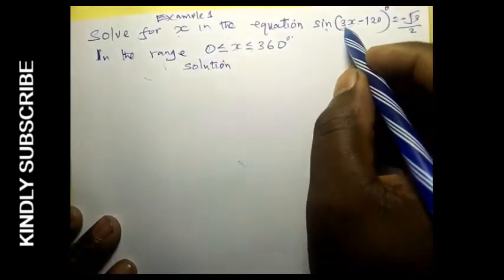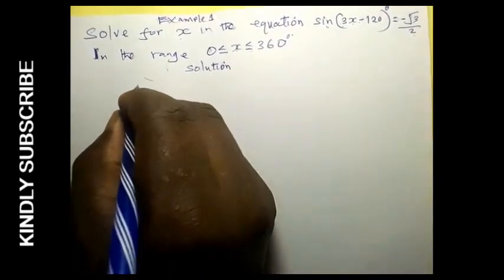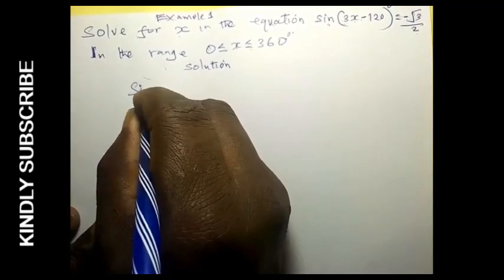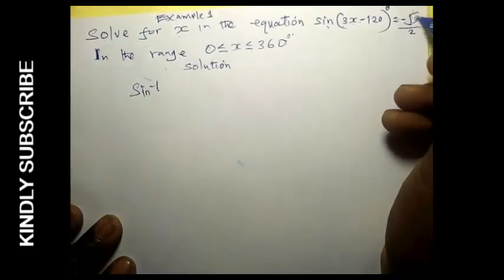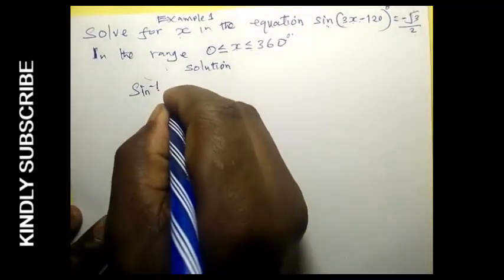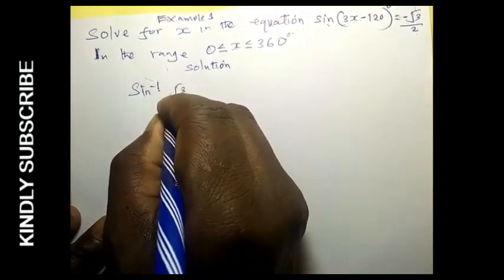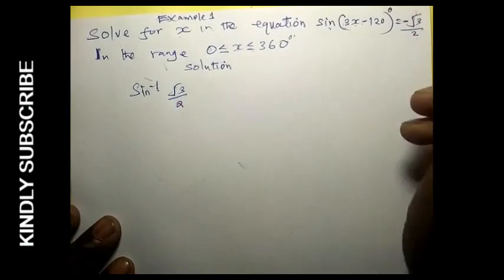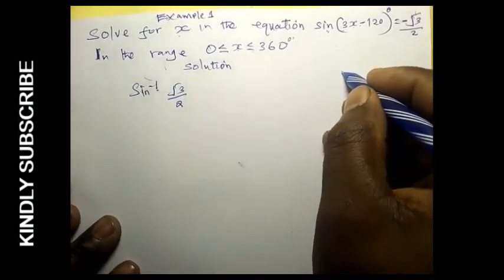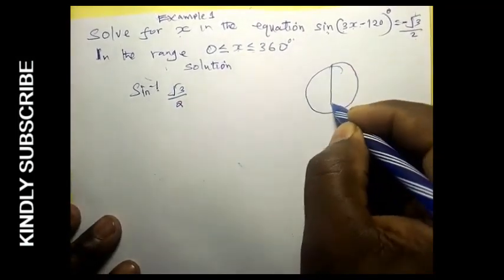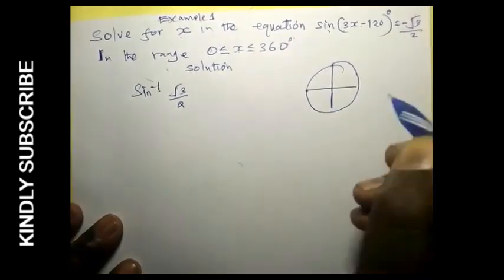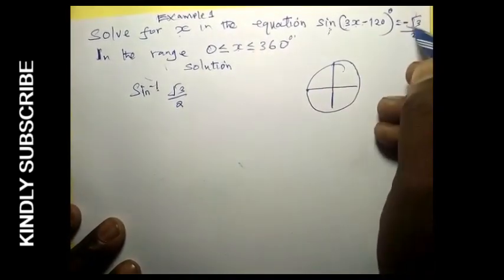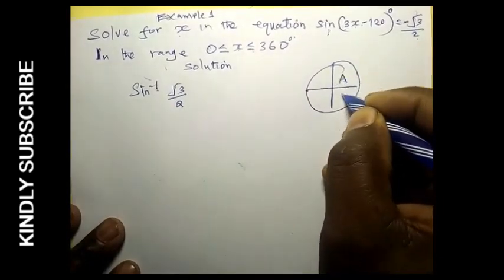First, we assume this one. So we want to find sine inverse so that we can get this angle. How do we get it? It is sine inverse of √3/2. Now the negative here tells us that in the unit circle we want the angles where the sine is negative.